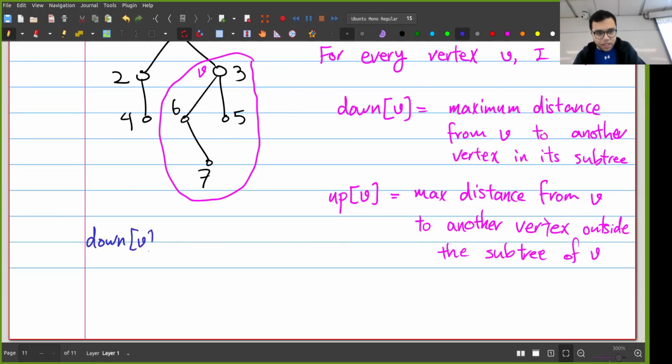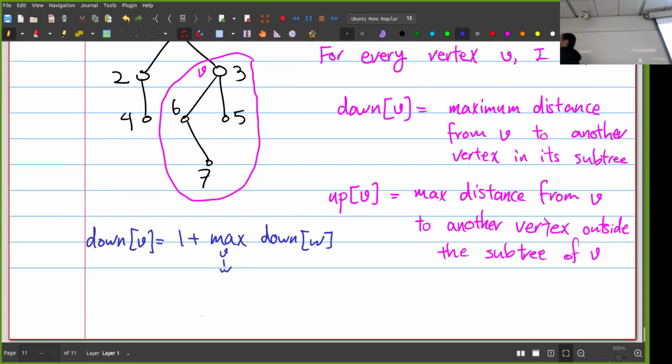Down of V is 1 plus maximum of down of W, where W is a child of V. By the way, I write it like this. I mean, W is a child of V. Okay. So we already know how to calculate this one. The question is, how do you calculate these up distances?